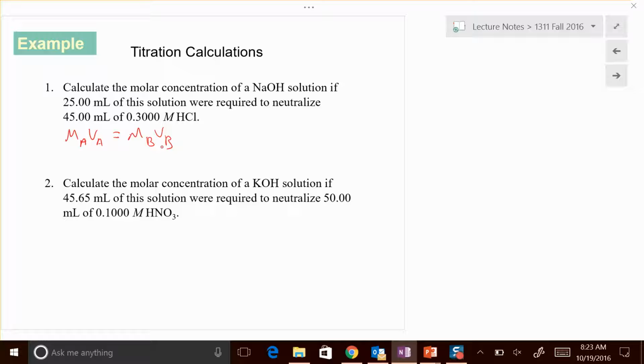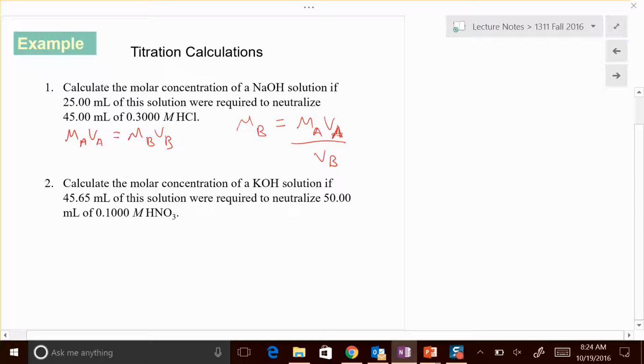The concentration of the sodium hydroxide, Mb. So Mb equals MaVa over Vb.